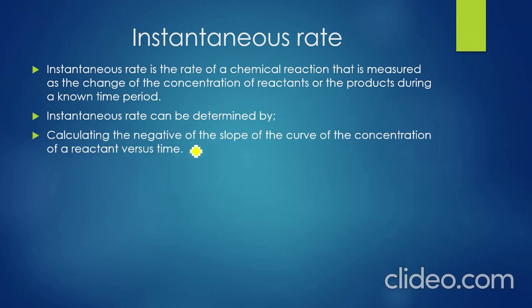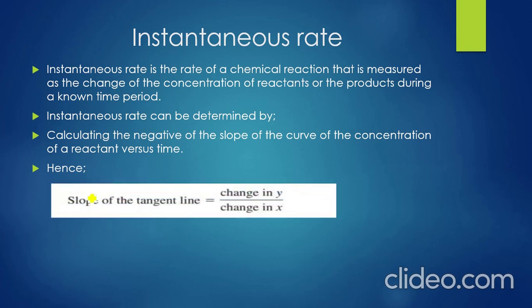So you need to come up first with the negative slope on the curve. So instantaneous rate can be obtained on the graph. I'll show you how you can obtain it. So since it's a curve, hence the slope of the tangent is equal to change in y over change in x. You know how to come up with this on your graph, you know your y-axis and your x-axis.